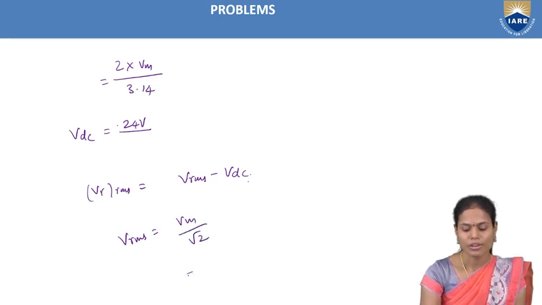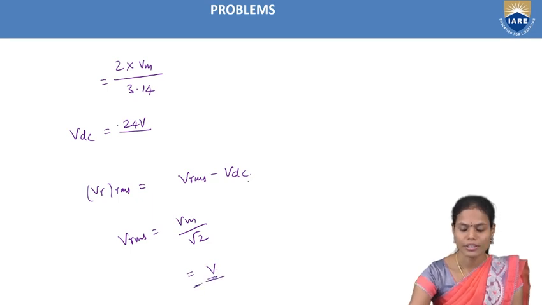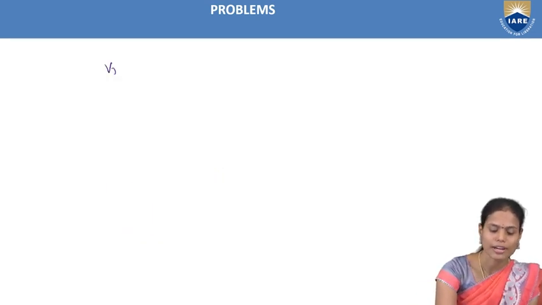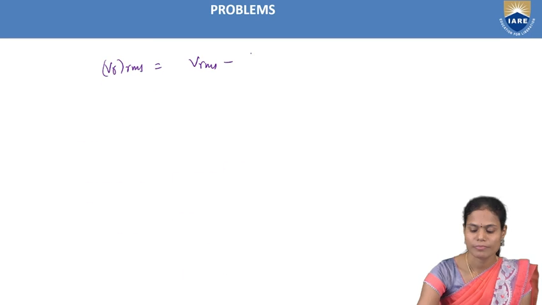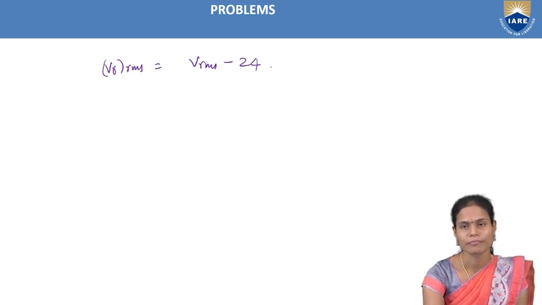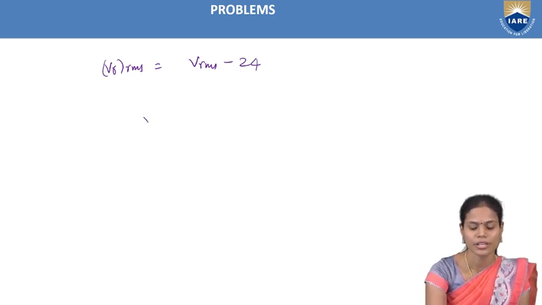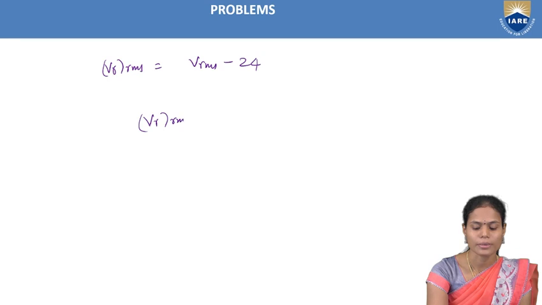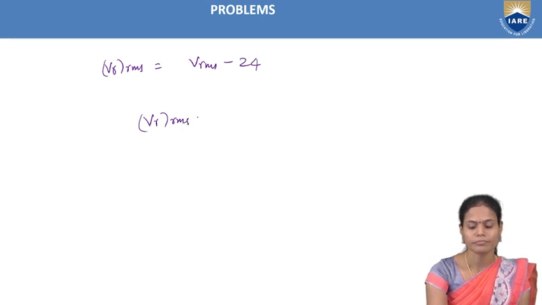If you substitute this value, we will get the VRMS voltage. After finding that, VR RMS is equal to VRMS minus the VDC voltage, that is 24 volts. If we substitute VRMS as well as the difference of 24, we will get the VR RMS voltage.